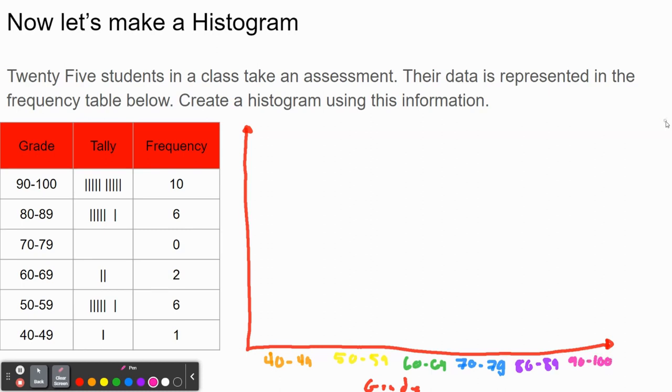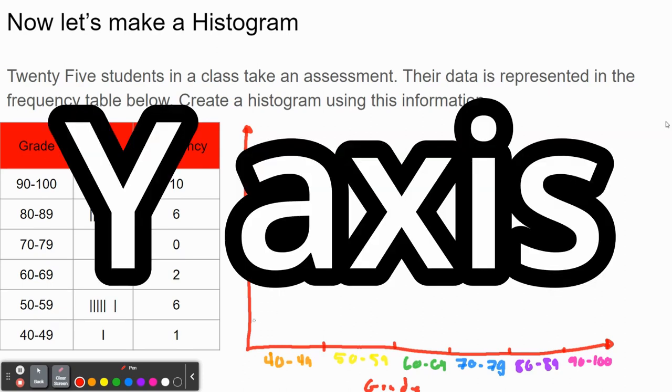So, we have these categories listed here. We do kind of want to keep them the same size. And that is what's going to be on our x-axis. On the y-axis, we're going to look at our frequency, and we're going to do that more like we normally would do an x-axis.